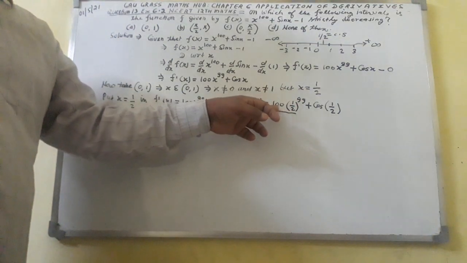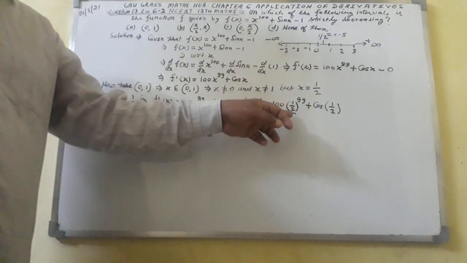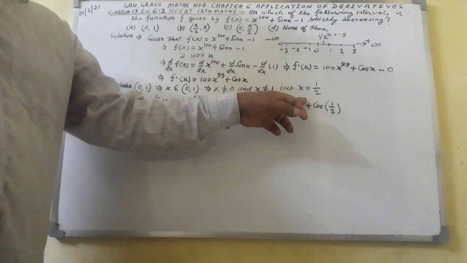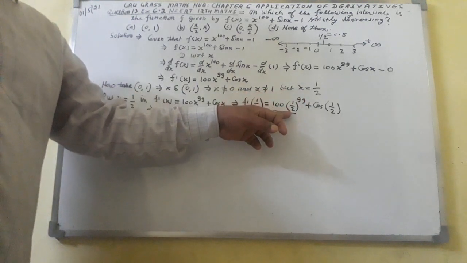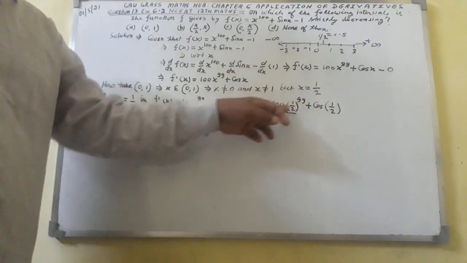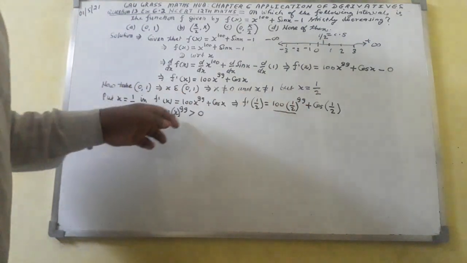Here 100 will be multiplied by 1/2 raised to the power 99. Naturally, this term will be greater than 0.